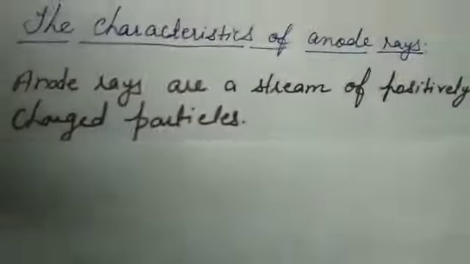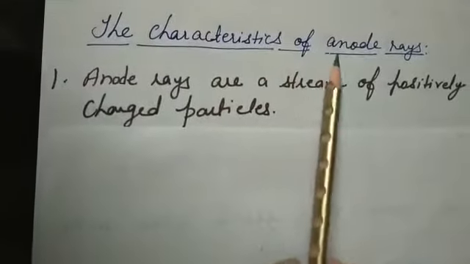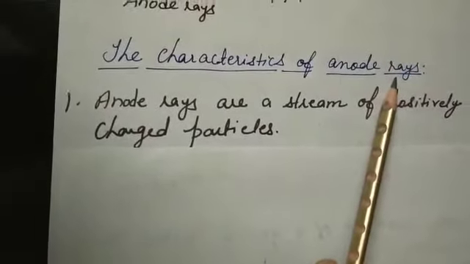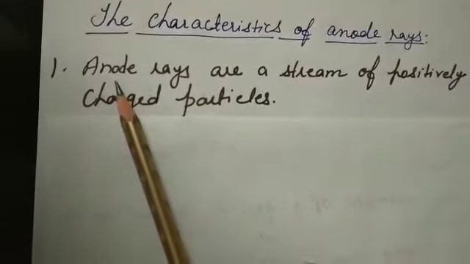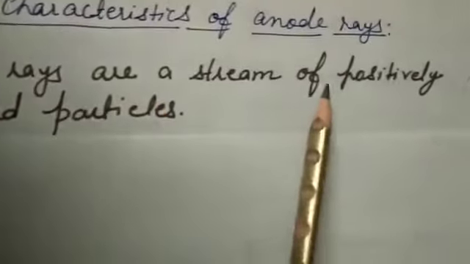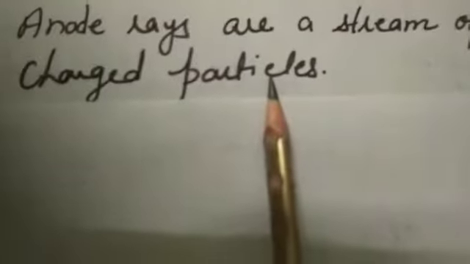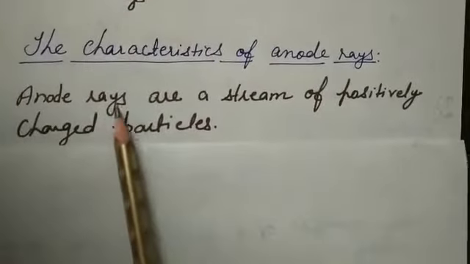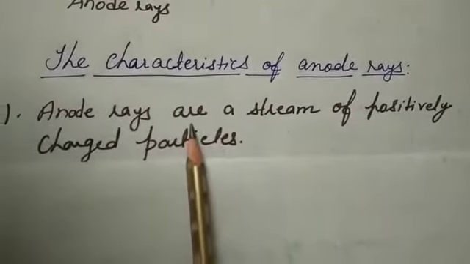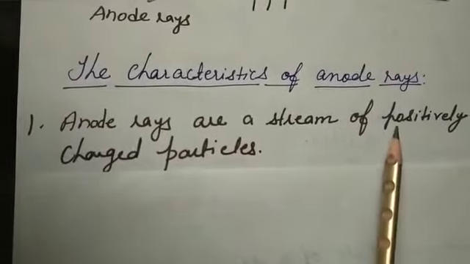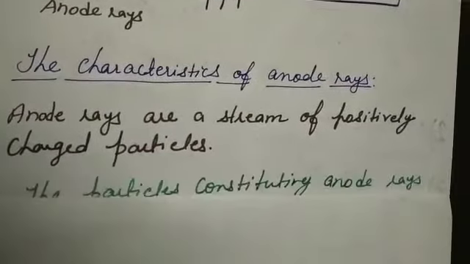Now see the characteristics of anode rays. The first characteristic is that anode rays are a stream of positively charged particles. The anode rays are also made up of small particles, and the particles are positively charged.